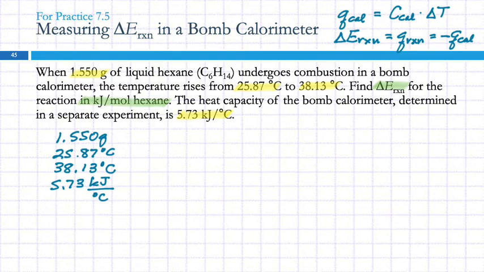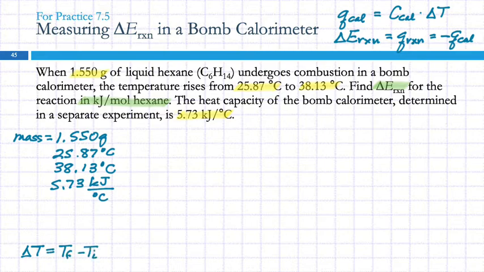So these are the sorts of things we're looking for then. We've got 1.550 grams. Is that any of these variables? No. It's a mass, right? So we'll just say that's the mass. And then we've got two temperatures here. So this should make us think about delta T, the final temperature minus the initial temperature.